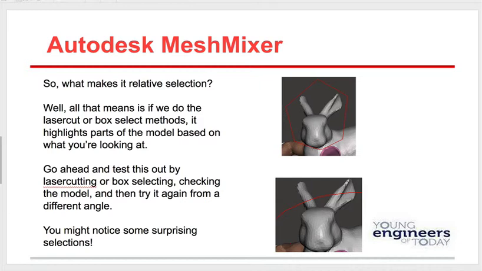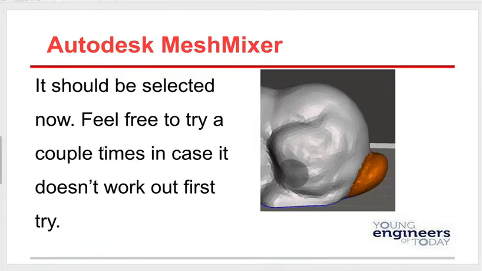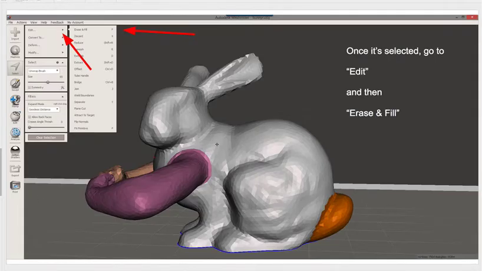All right. Laser cut the tail, don't worry, it'll be okay. We'll go ahead and play with that in a minute like I was kind of doing. And then we're going to hit Edit, Erase, and Fill. So let me select the bunny tail here.